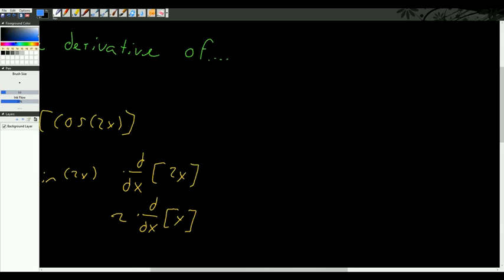So we know, right, we're trying to find the derivative of just plain old x. So this is kind of like saying x to the first power, right? Because anything to the first power is just itself. So for the power rule, you subtract 1 from the exponent and multiply by its coefficient.